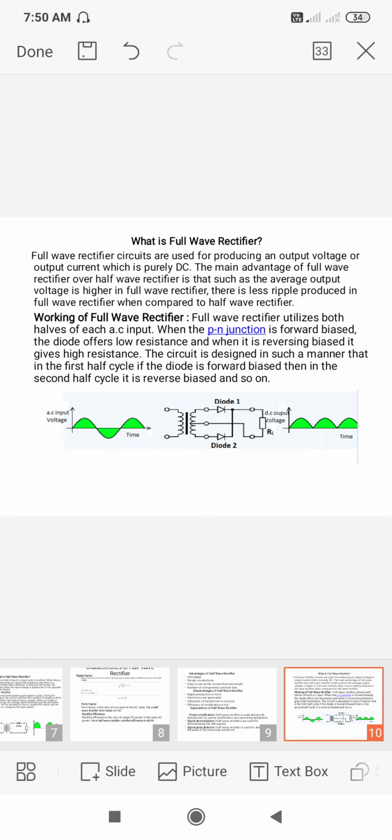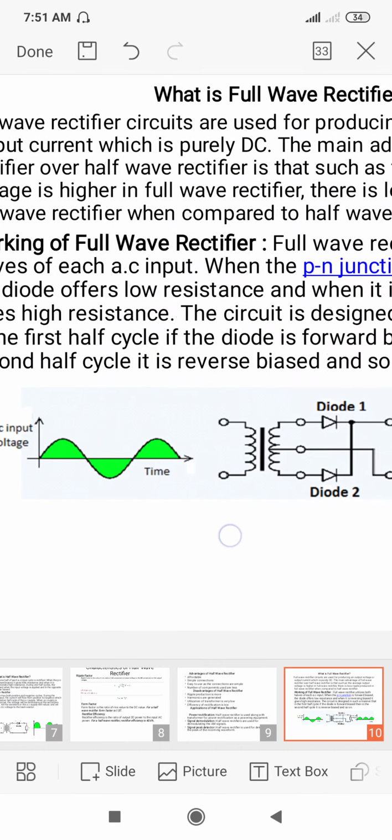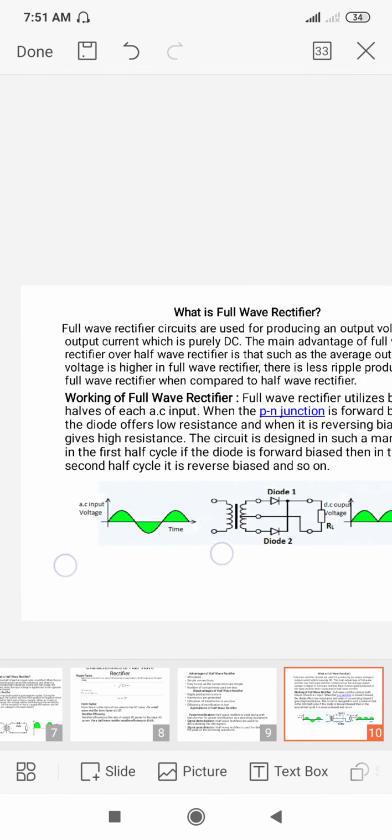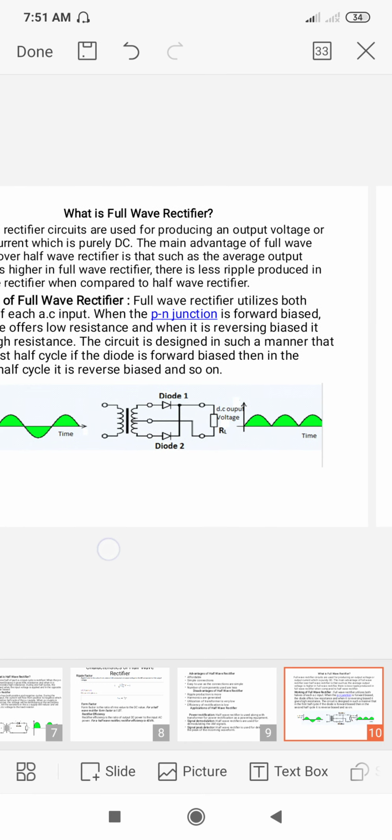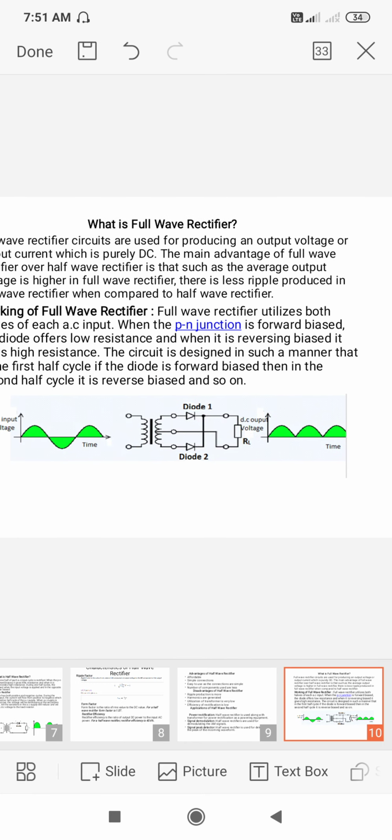The next one is the full wave rectifier. When we apply the input AC signal, we get the full wave DC output.